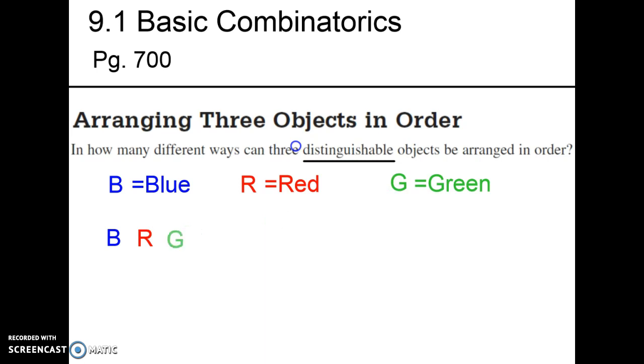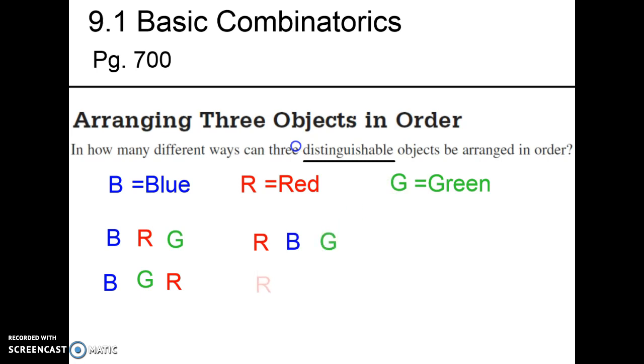So we would have blue, red, green, and then we would have blue, green, red, and that would be the only two arrangements that we can do with blue. And then we'll go over and we'll start with red this time. So we have red, and then we could go blue and green.